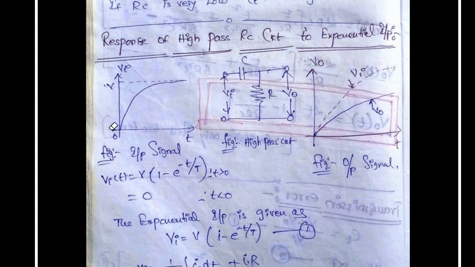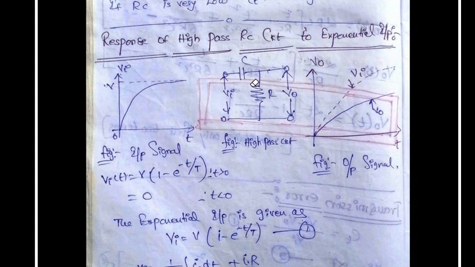The input signal is 0. So whenever we apply that 0 input signal to this circuit, initially we can assume that the voltage across the capacitor is 0. That means there is no voltage across it. Then for the 0 input voltage, the voltage across the capacitor is 0 and there is no flow of current.